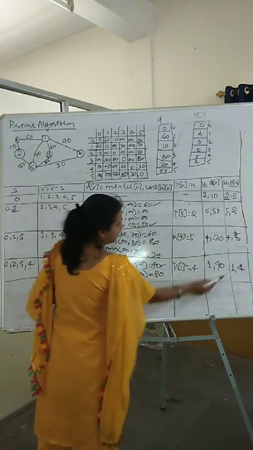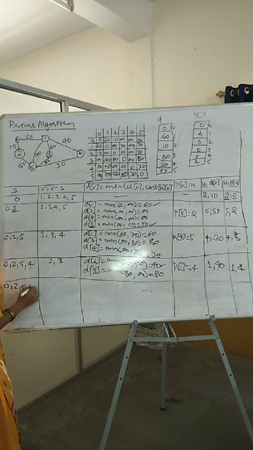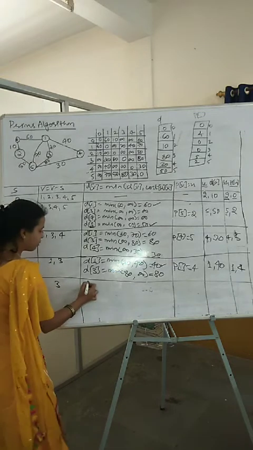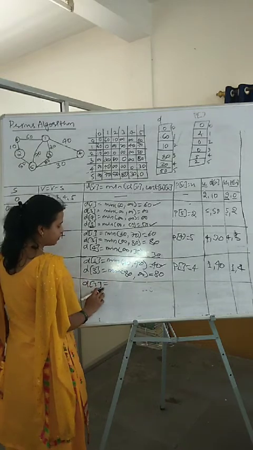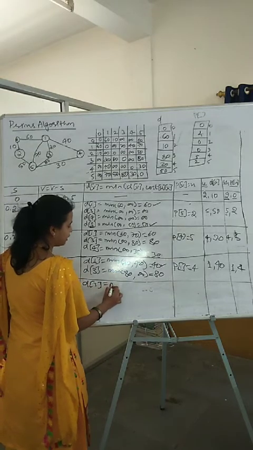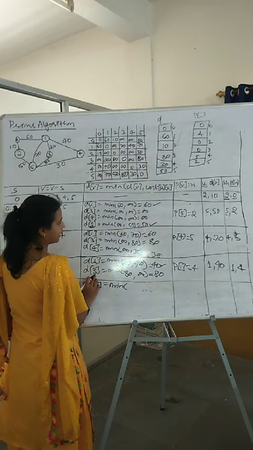What is next? Add 1 to the source set: 0, 2, 5, 4, 1. What is remaining? 3 is remaining. So I am going to find here D of 3. D of v, D of 3, what is D of 3? I have got 80.